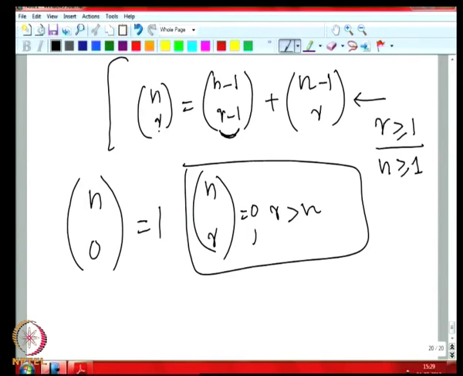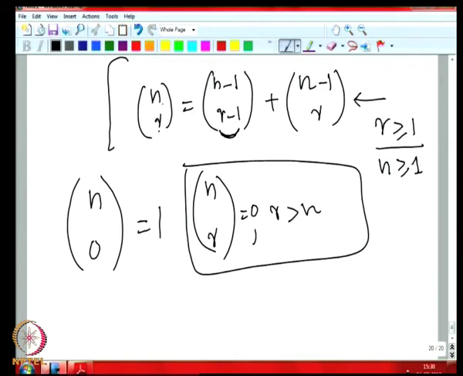On the other hand, if r was equal to 1, then we will be talking about selecting 0 choose 0. So, this will be 1, 0 choose 0 here, and this will be 0 choose 1, which is 0, which is also correct. We have verified it before again.